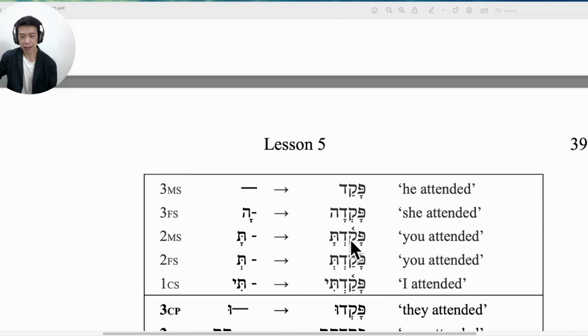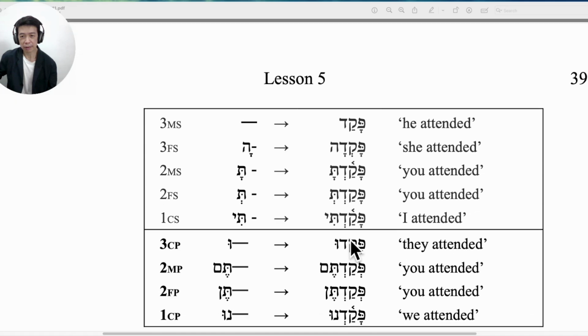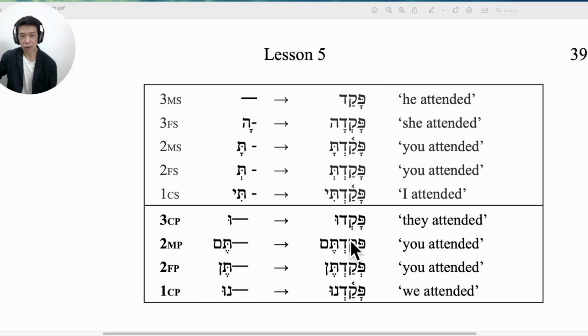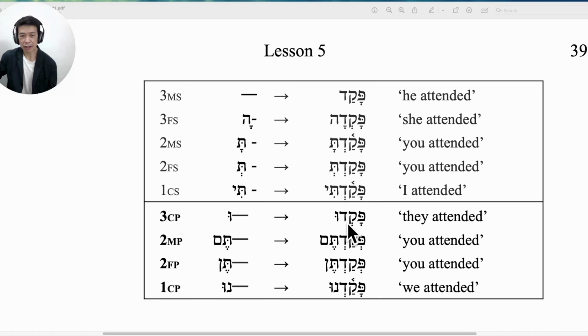Let's take a look at this table. There are these attachments to the core stem root of the words that make them conjugations. So for the third person masculine singular, nothing is attached to the end of the word.